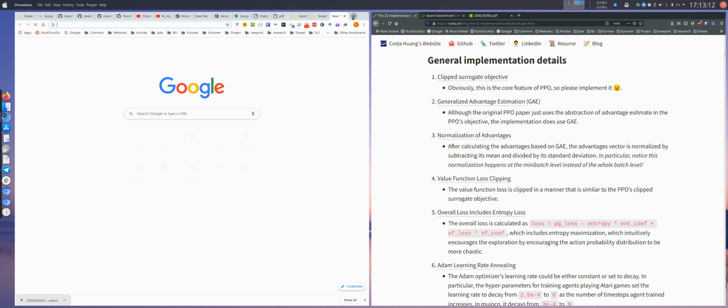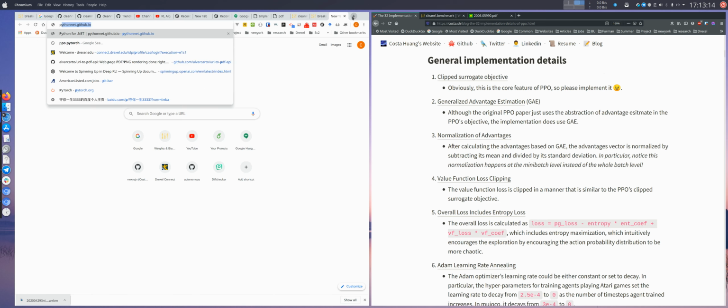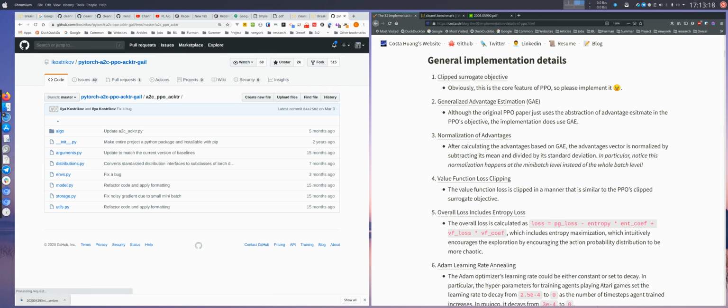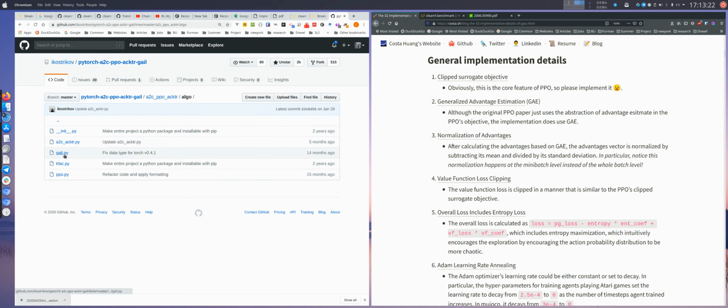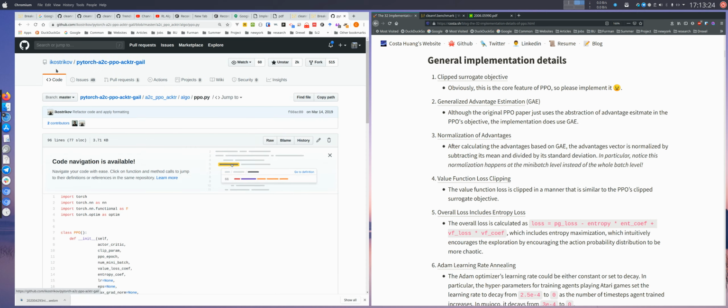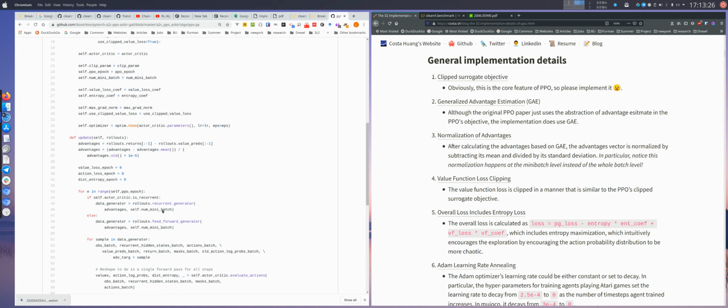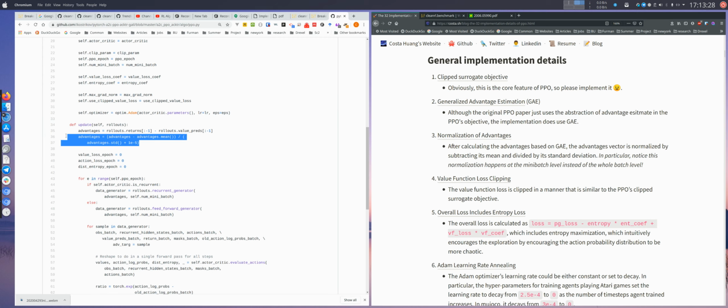An interesting thing, which I'm pretty sure is the case, is that one of the very popular implementations of PPO, I Kostrikov's implementation, normalizes the advantages at the whole batch level, because the rollouts engine stores everything.